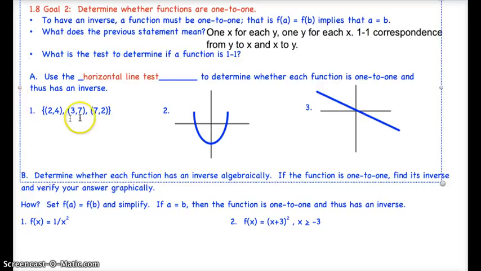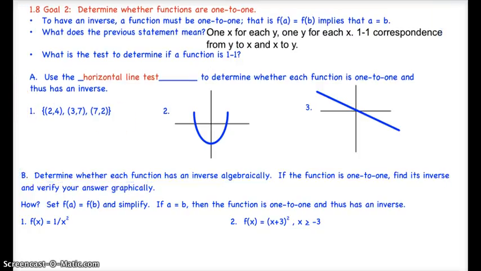So let's look at number 1 here. We have the ordered pairs 2, 4, 3, 7, and 7, 2. So I could either draw an x and a y axis and plot these points and then do the vertical and horizontal line test, or I can see, is there one x for each y and one y for each x? Let's check that out. 2 corresponds to 4, 3 corresponds to 7, and 7 corresponds to 2.